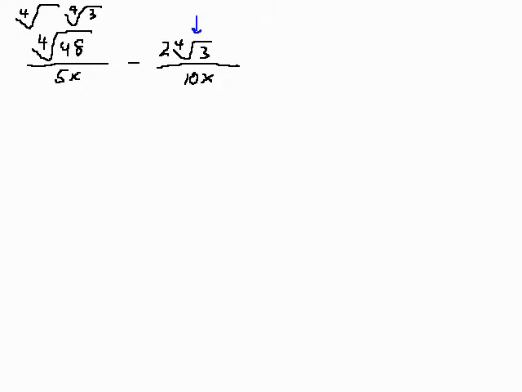Now, 3 goes into 48 using the product rule or your calculator 16 times. So notice we get a friendly fourth root of 16, which becomes 2, so this first fraction becomes 2 times the fourth root of 3 over 5x minus 2 times the fourth root of 3 over 10x.